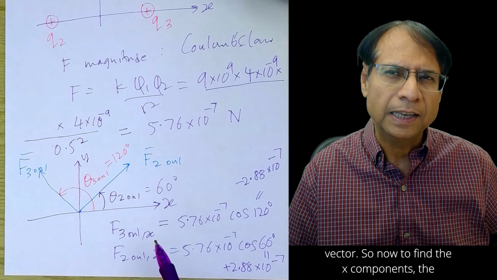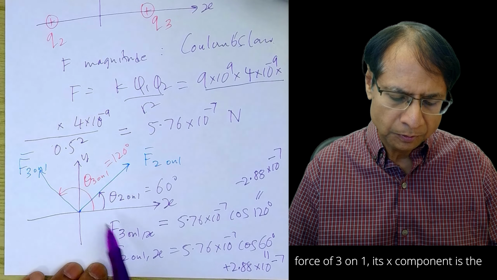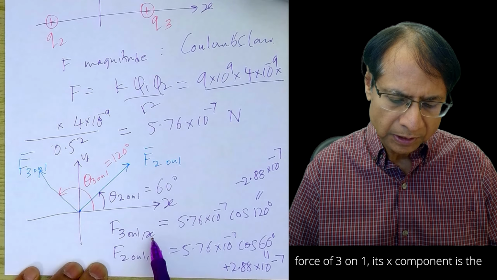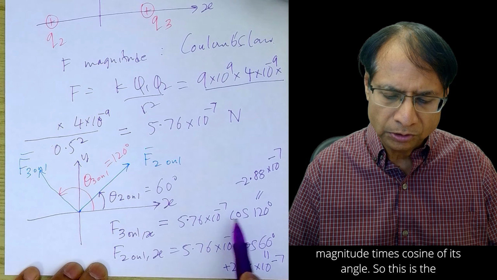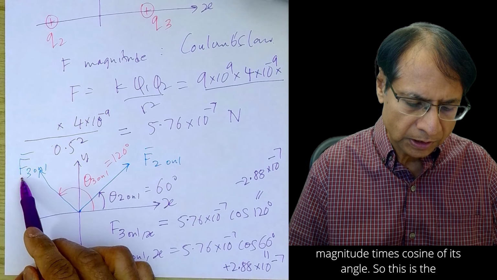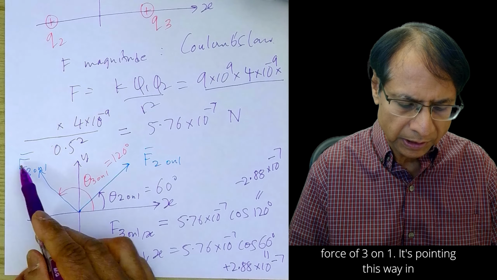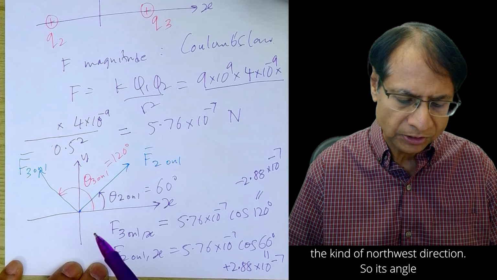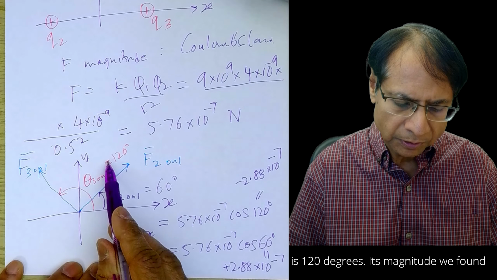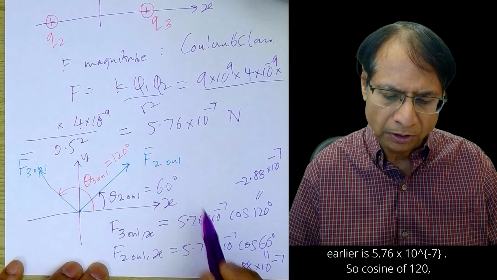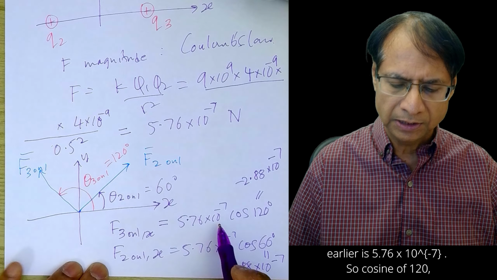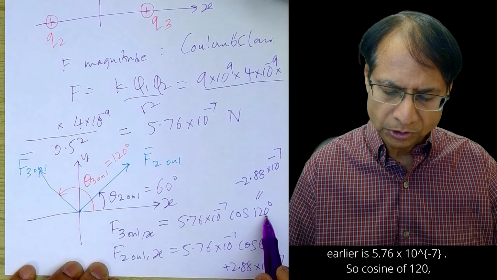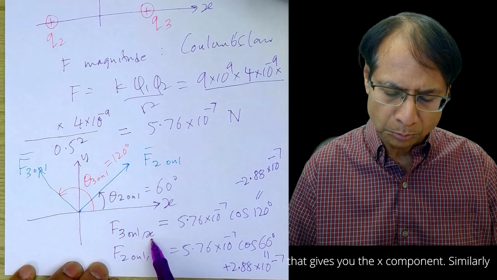So now to find the x components: the force of 3 on 1, its x component is the magnitude times cosine of its angle. This is the force of 3 on 1. It's pointing in the northwest direction, so its angle is 120 degrees. Its magnitude we found earlier is 5.76 times 10 to the minus 7. So cosine of 120 gives you the x component.